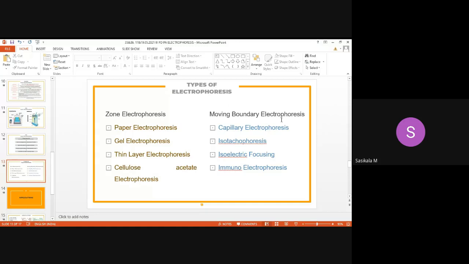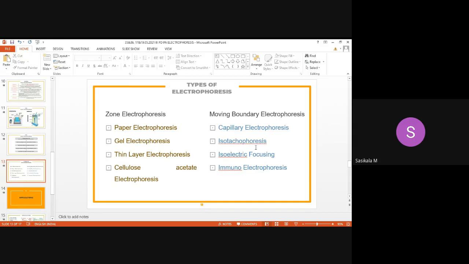Then moving boundary electrophoresis includes capillary, isotachophoresis, isoelectric focusing, and immunoelectrophoresis. In capillary electrophoresis, we use a capillary for the separation. Isotachophoresis depends on the isoelectric point of samples; migration will be the same for 2 molecules.